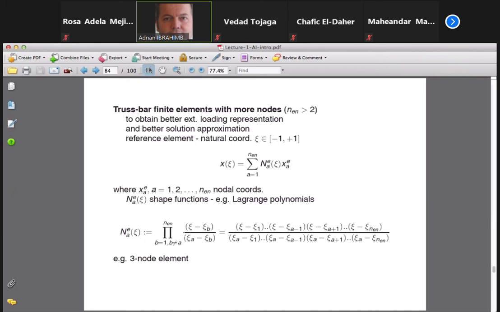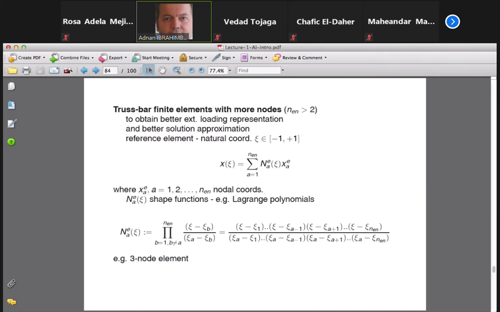What exactly do you use? Well, basically, you take here a monomial which is xi minus xi_B, where B takes all the nodal values except for B equal to A. And in the denominator, you put xi_A minus xi_B. So basically, this way you're sure when xi is equal to xi_A, the ratio will be equal to 1. And when xi is equal to any other value, that is xi_B, this will be equal to 0.